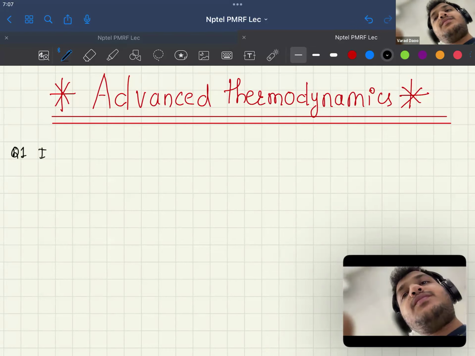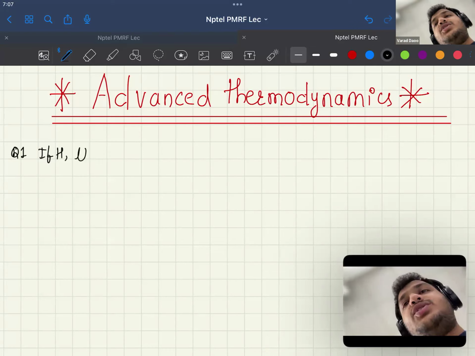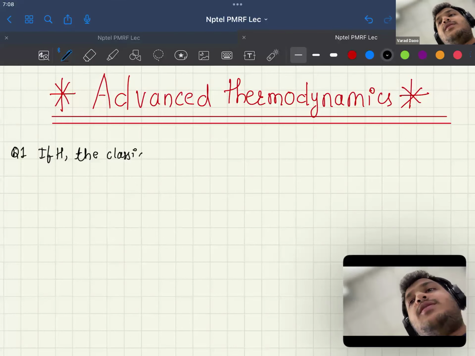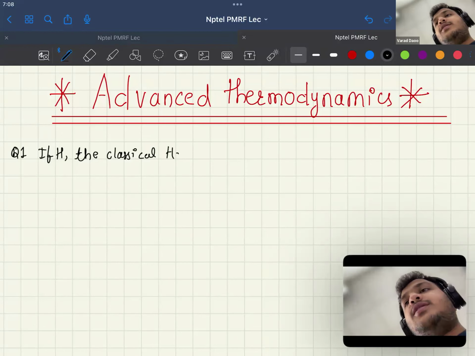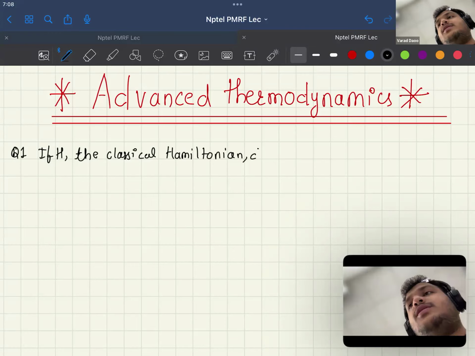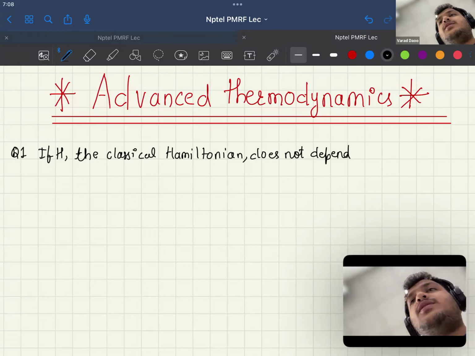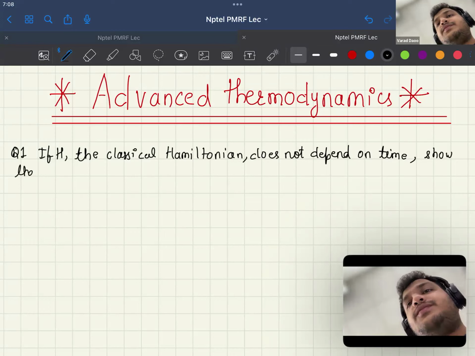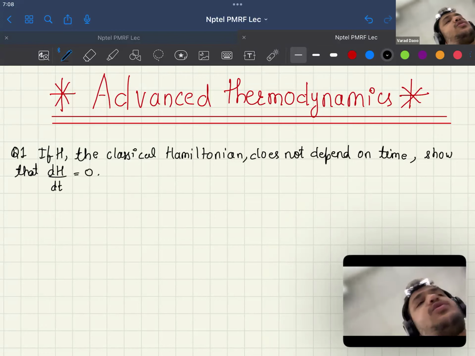If H, the classical Hamiltonian, does not depend on time, then we have to show that dH by dt is equal to zero.